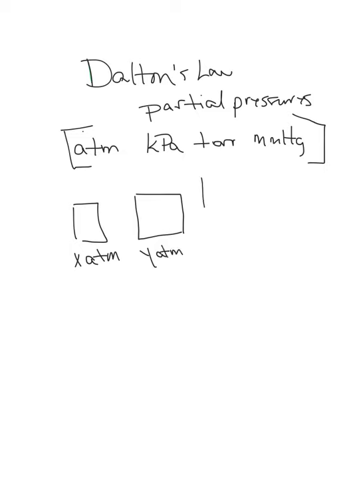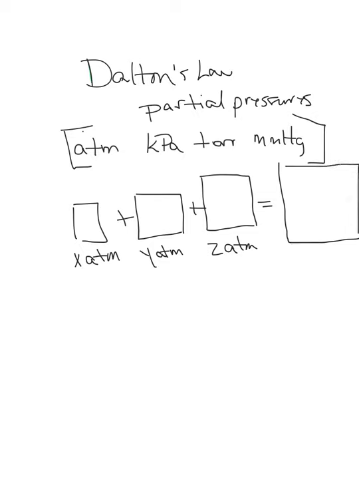And then I have another container that has Z pressure. If I take all these pressures and I add them together, then I would get a grand total pressure. So you would just do X plus Y plus Z. And then that would give you the total pressure.